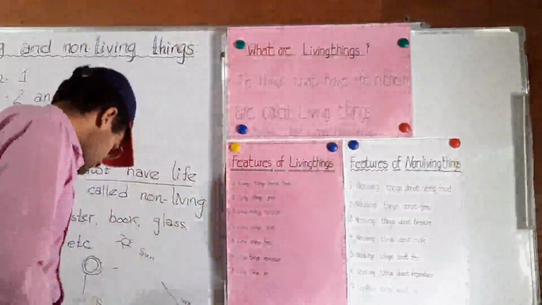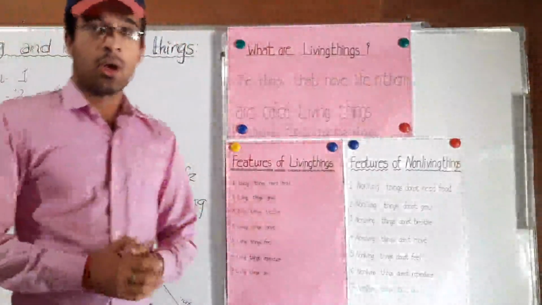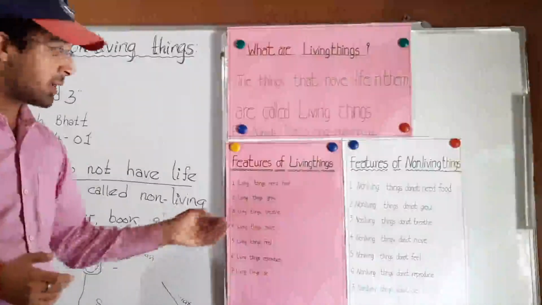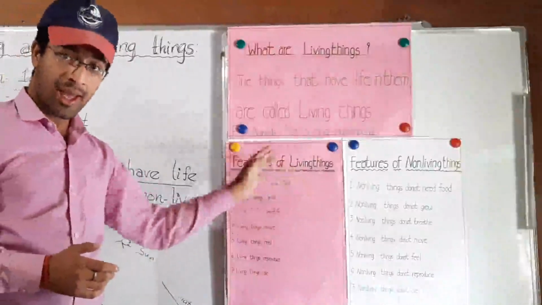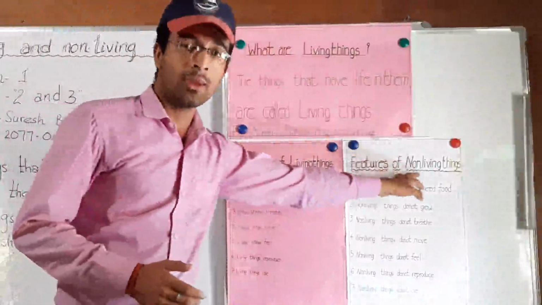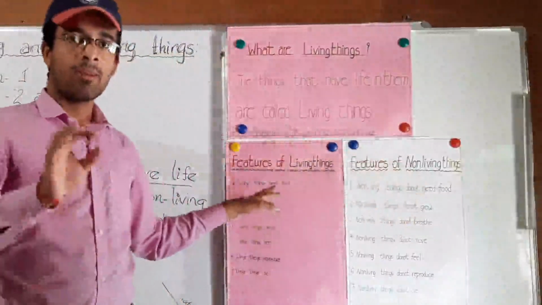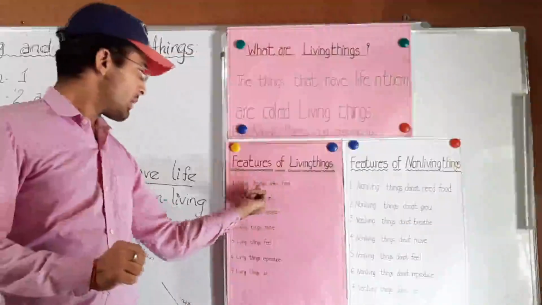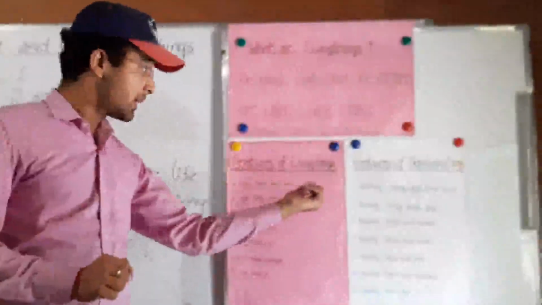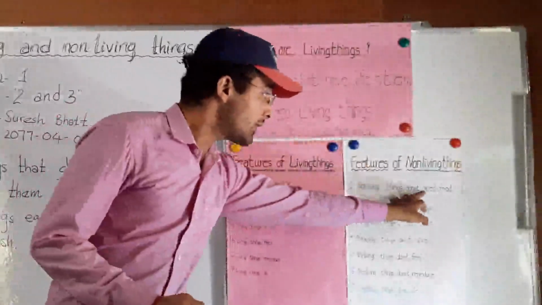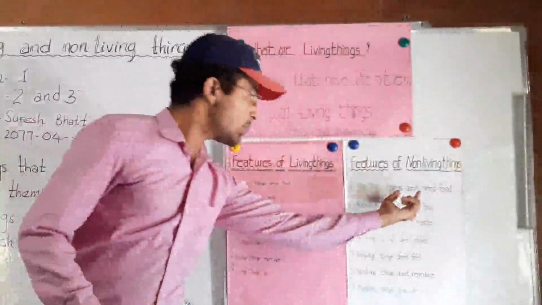So, students, we learned here the features of living things and the features of non-living things. They have the same characteristics but a slight difference. Living things need food, but non-living things do not need food. Just a difference of "do not."